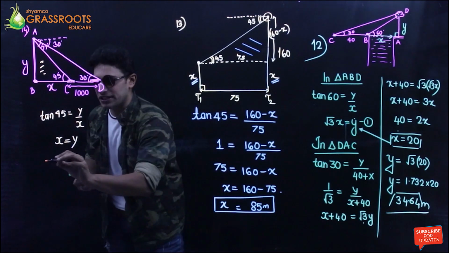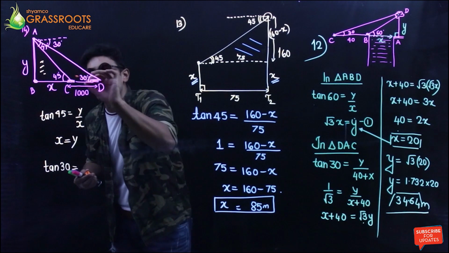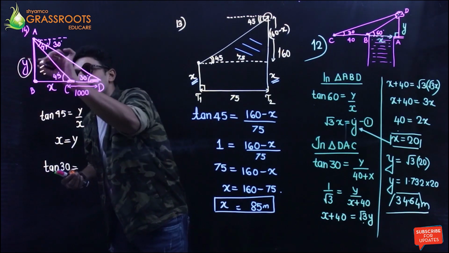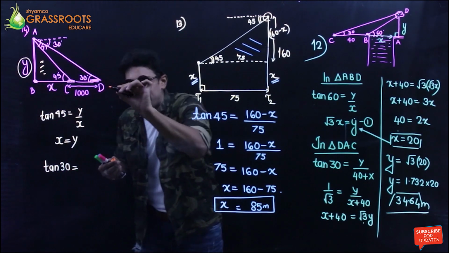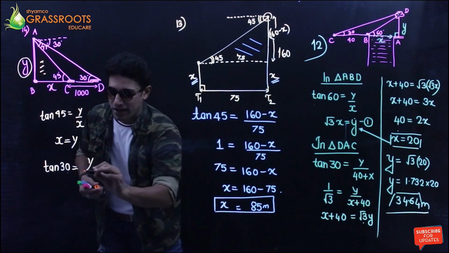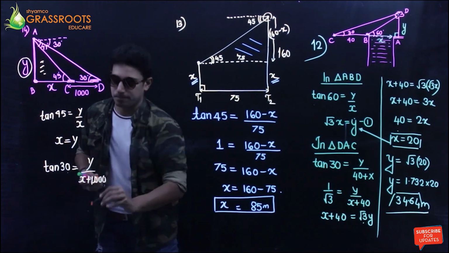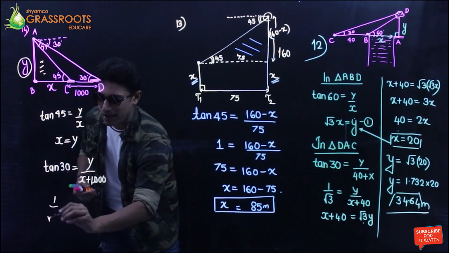Next, tan 30. It is opposite. Opposite is y. And adjacent is the complete package, this thing, x plus 1000. So it is going to be y upon x plus 1000. Tan 30, the value is 1 by root 3.